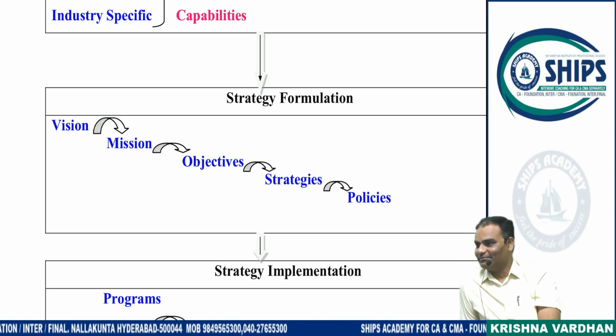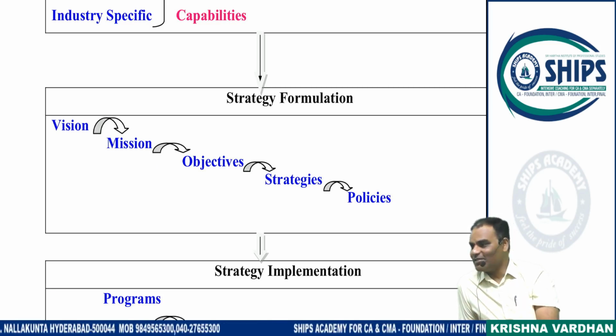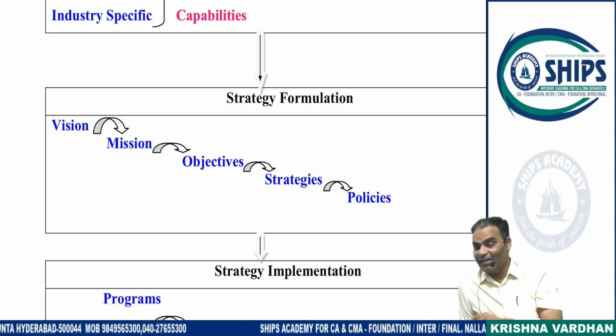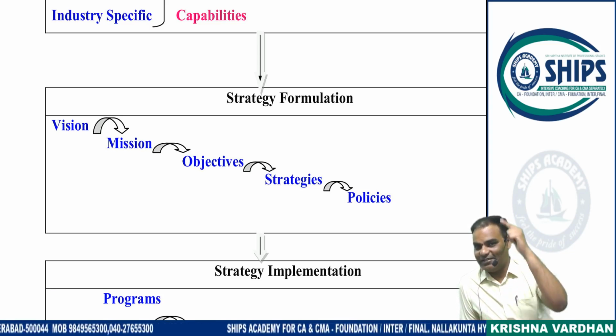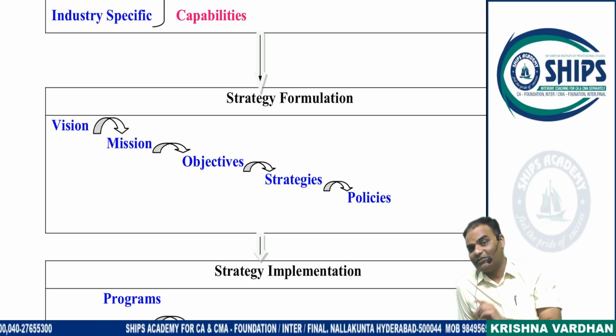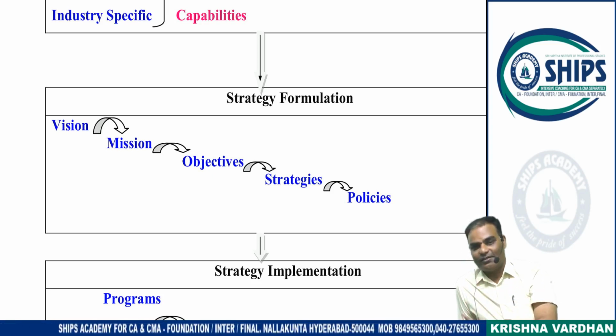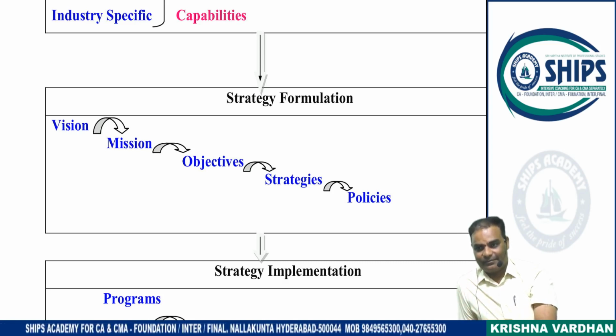What is mission? You have decided where you want to go. Just because you thought, will you go? No. There has to be a certain action plan to achieve the vision. For example, my company is already a 50 crores company. The vision is I want to become a 100 crores company by 2025.